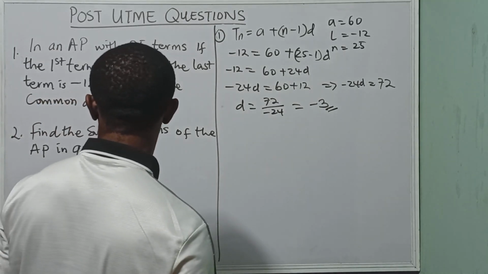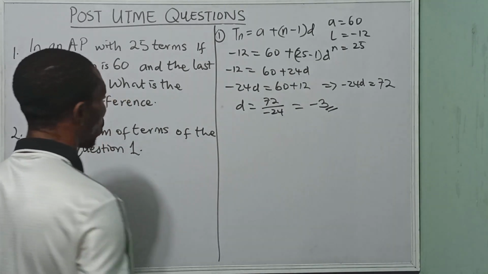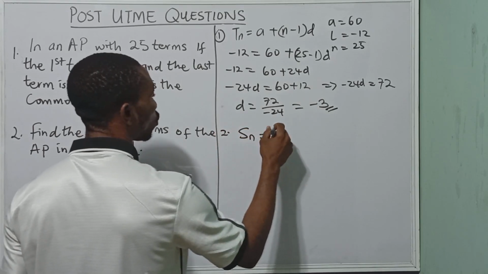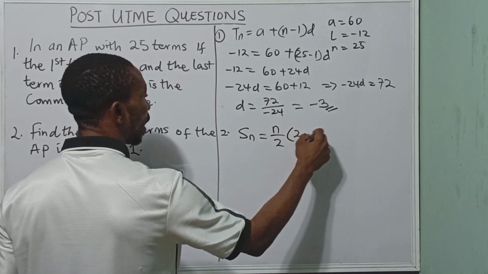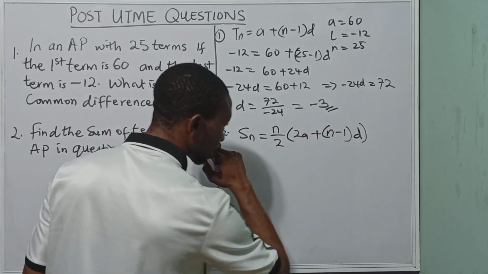Now, to the next question that says, find the sum of terms of the AP in question 1. Our sum of terms will be given as Sn equals n over 2 bracket 2a plus (n minus 1)d.